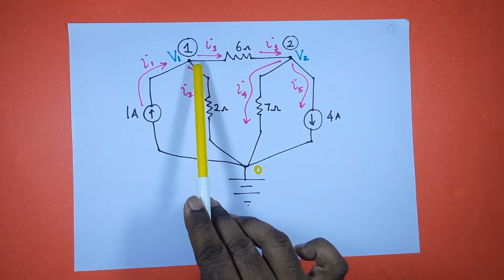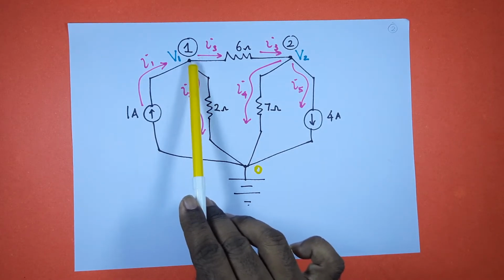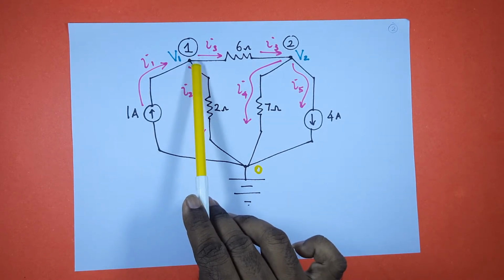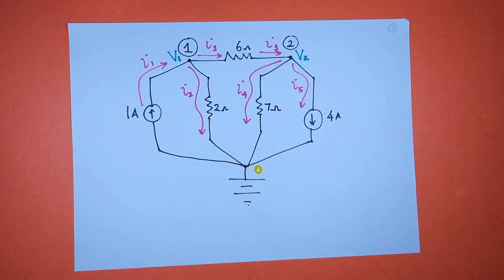The current moves from the higher potential node 1 to node 2.